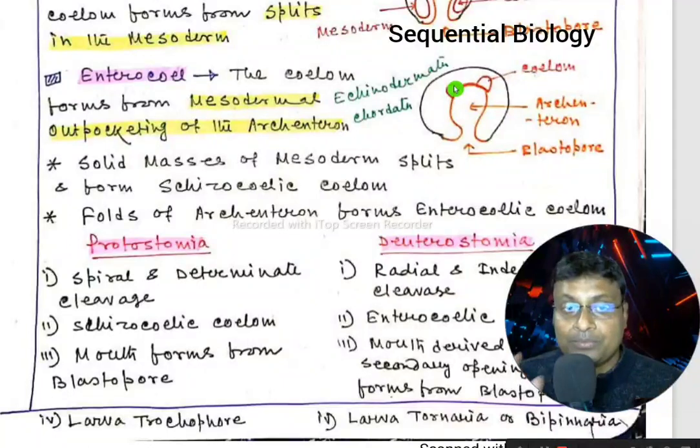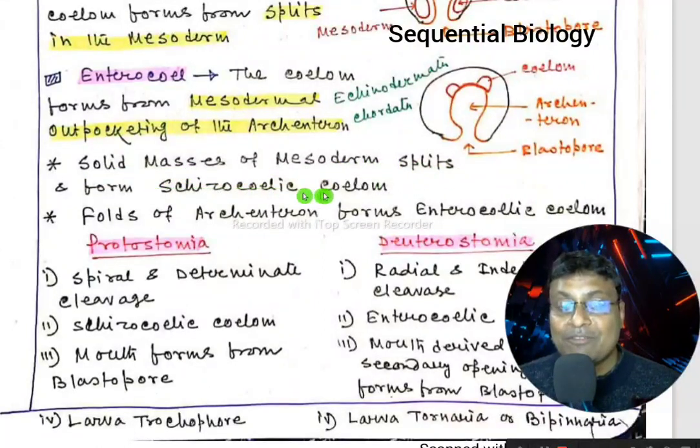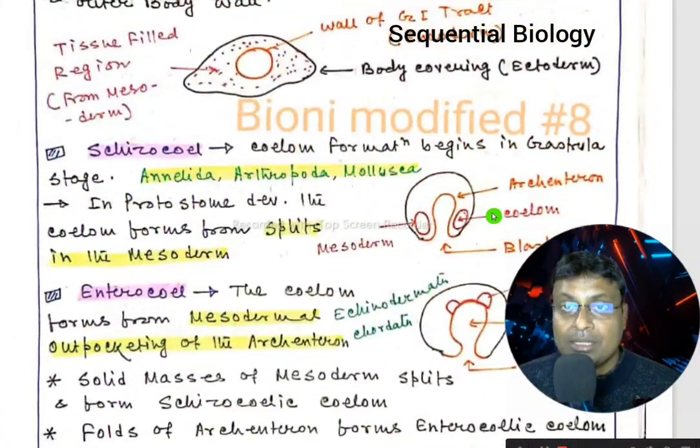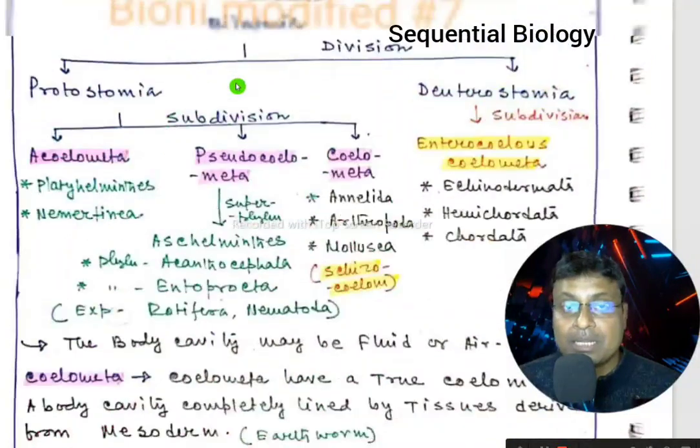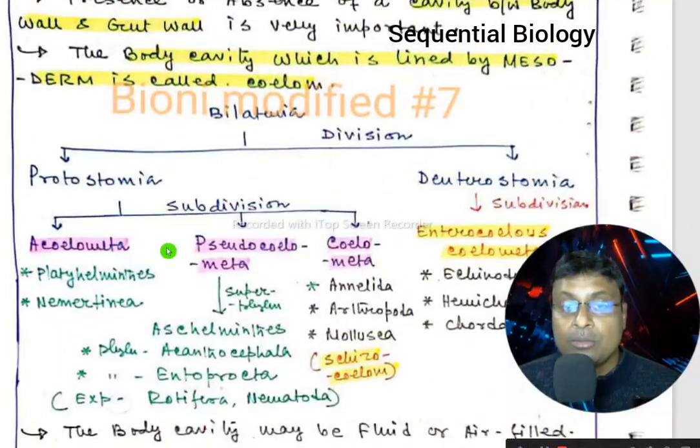So the solid masses of mesoderm split and form the schizocoelic coelom, and the folds of archenteron form the enterocoelic coelom. These are different types of coelom. So the organisms are divisible into acoelomata, pseudocoelomata, and coelomata.